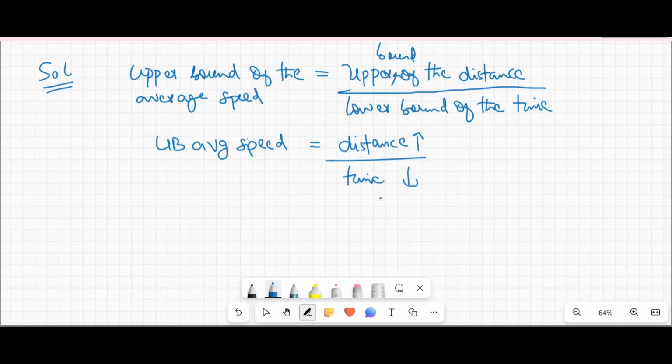This is the division rule. So let's see the upper bound of a distance.